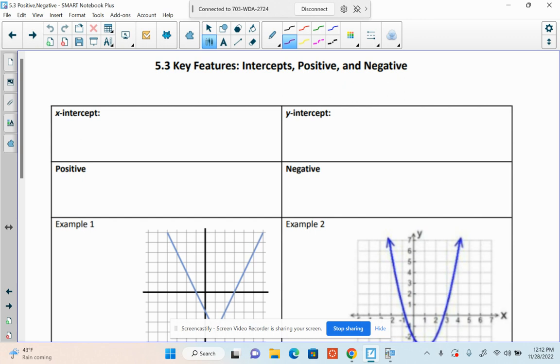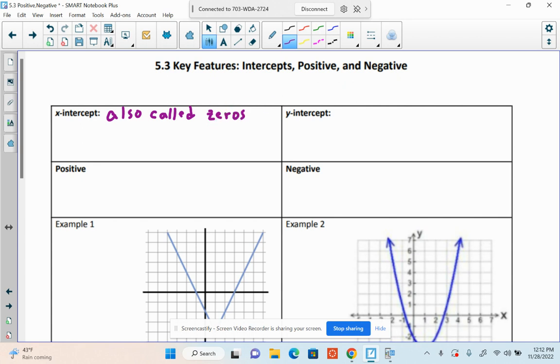So for x-intercepts, they are also called zeros of the function.